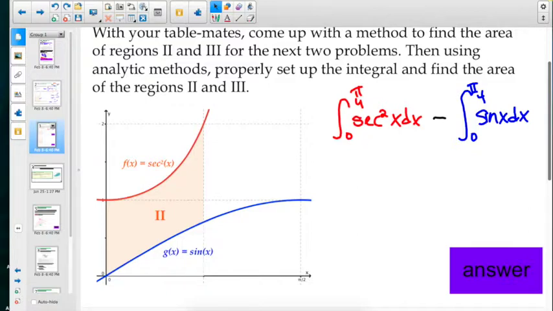Okay, and now I'm just kind of seeing that people have antiderivatives here. What's the antiderivative of sine?